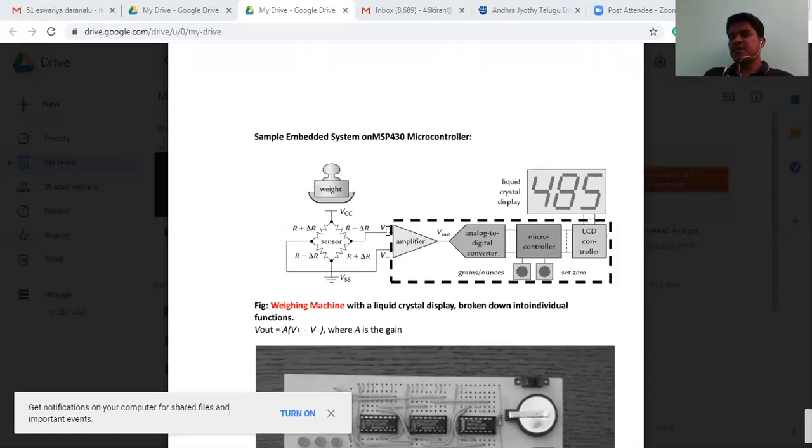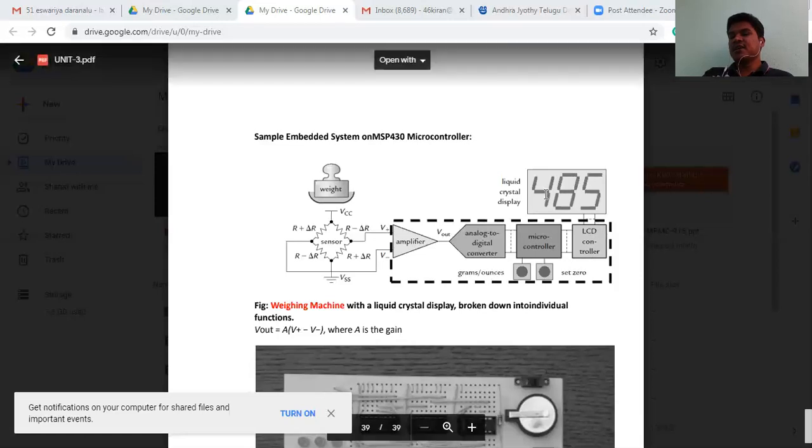Because of the difference between V plus and V minus, the V out will be developed, which is proportional to the difference of V plus and V minus, which is proportional to the weight applied here. Once V out is developed, which will be an analog quantity, it is to be converted to digital by using this analog to digital converter. Then the digital value will be given to the microcontroller, and the microcontroller, through the LCD controller, is going to display the weight in terms of either grams or ounces on this LCD.